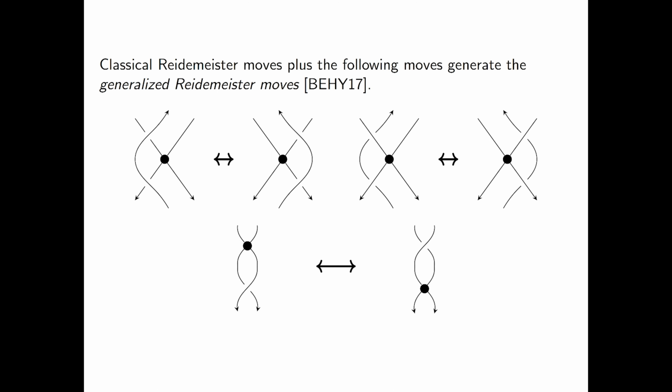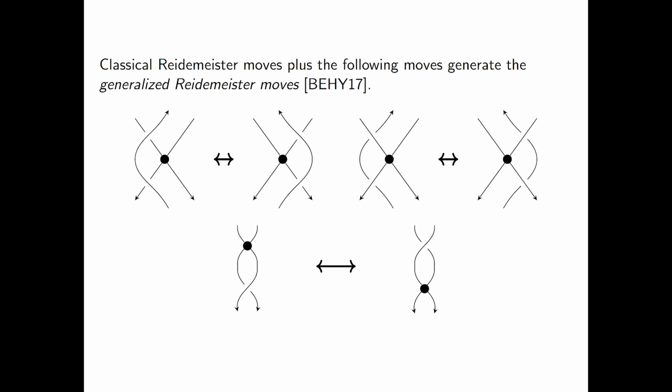In the paper that I cite, it was shown that the classical Reidemeister moves plus these 3 additional moves that I have listed here generate what's known as the generalized Reidemeister moves. These are the moves that we need in order to use our singular link diagrams.